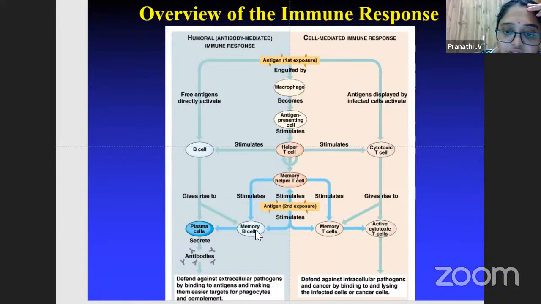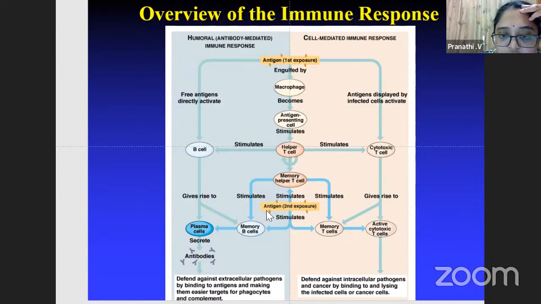These B cells give rise to memory cells and plasma cells. These plasma cells secrete antibodies so that this macrophage plus antigen is going to be killed. Over here, if you see, this helper T cell stimulates the cytotoxic T cells, because of which cell lysis is going to take place.